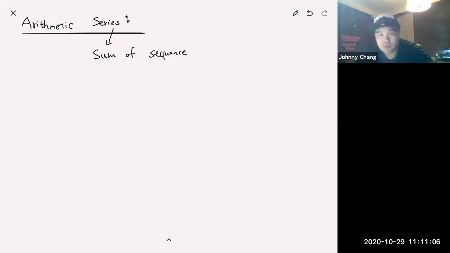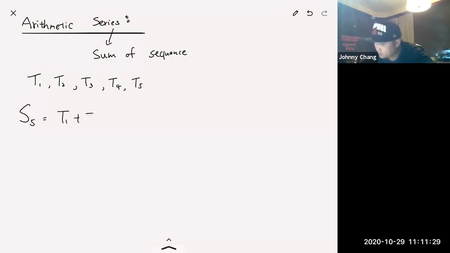Term 1, add term 2, add term 3, add term 4. So for example, if you have a sequence of term 1, term 2, term 3, term 4, term 5, just say this sequence has 5 terms, and this series will be T1 plus T2 plus T3 plus T4 plus T5.